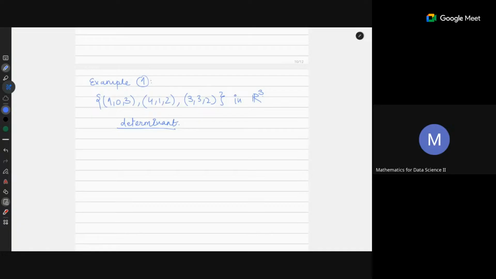There are two conditions. They need to span whole R3. Second condition is they need to be linearly independent of each other, right? Definition of basis.